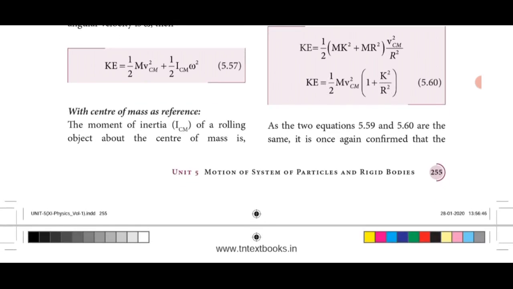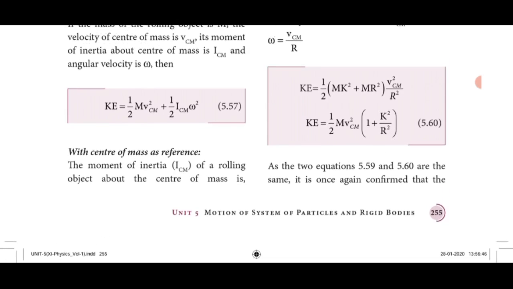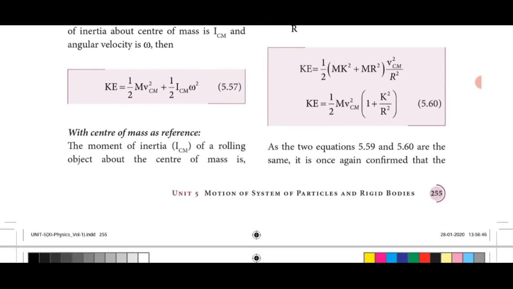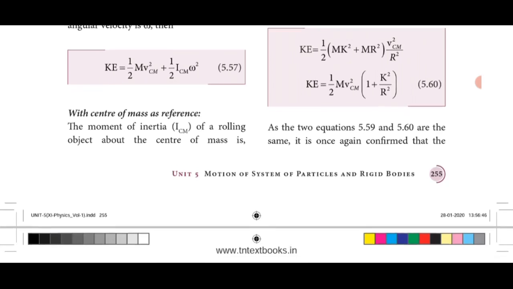For the translational part we have (1/2) M Vcm square, and for the rotational part (1/2) ICM omega square.